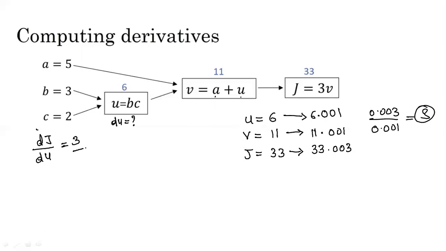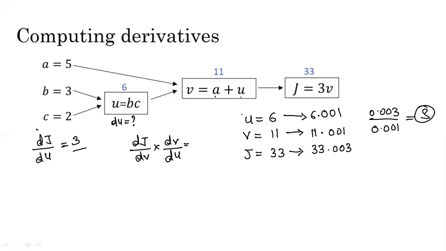And how can this be represented in chain form? dj upon dv into dv upon du. So basically what we are doing is firstly finding the rate of change of j with respect to v and the rate of change of v with respect to u, and we are multiplying the outcomes of both.